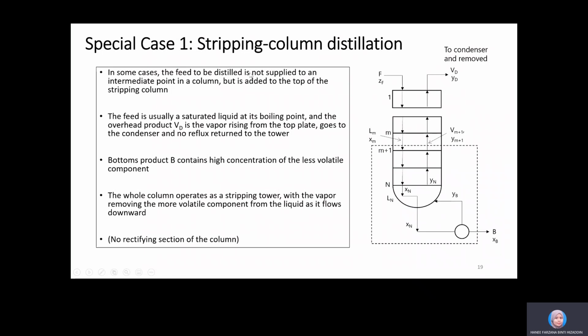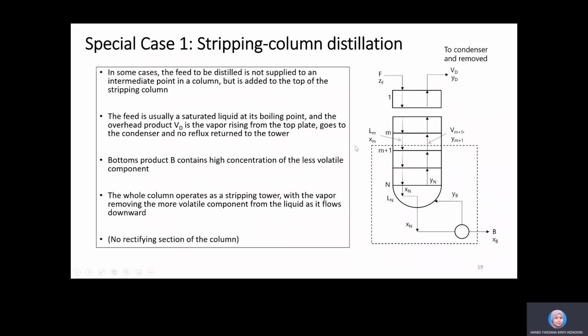So there's no reflux. That's why it is called a stripping column distillation, because all it does is stripping. Maybe there's a condenser that converts all this VD into liquid, D and XD, but we don't really care what happens there for now.